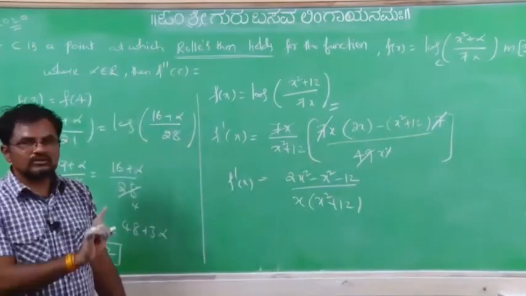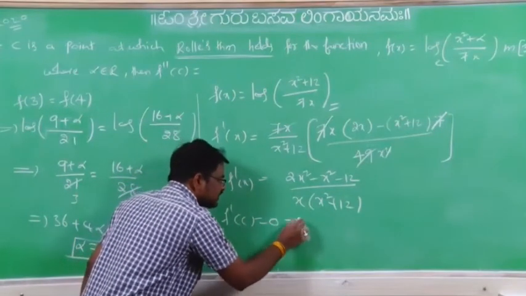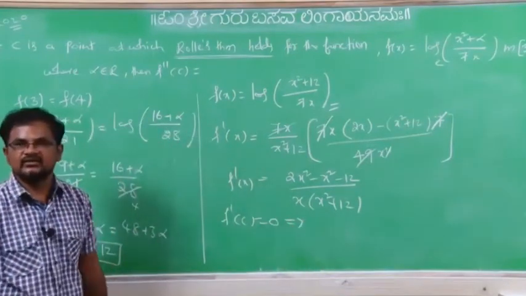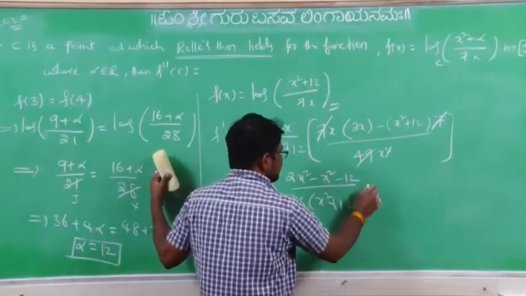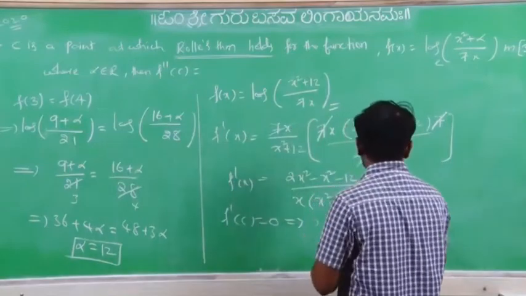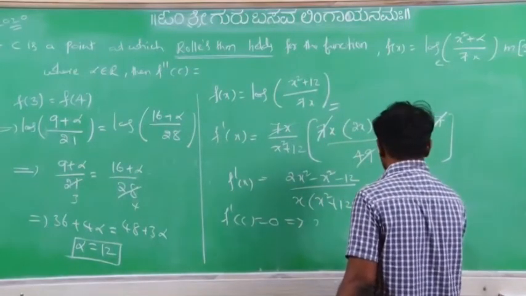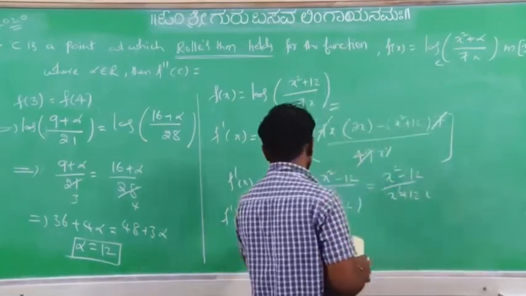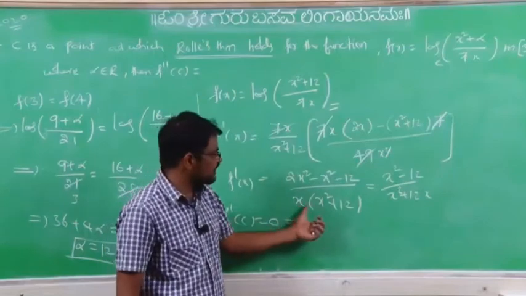So for the function Rolle's theorem exists means f dash of c equals 0 or not? F dash of c equals 0. Now from this one, 2x square minus x square is x square minus 12 divided by x cube plus 12x.